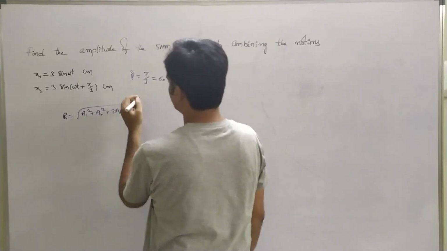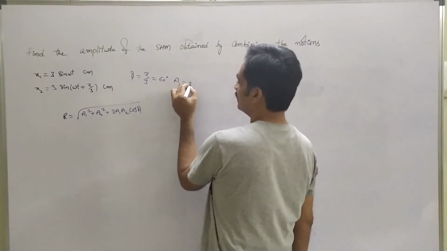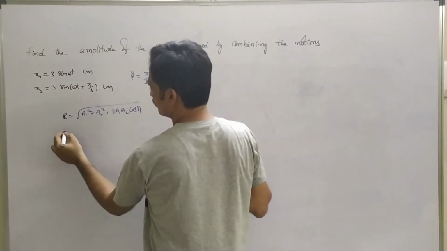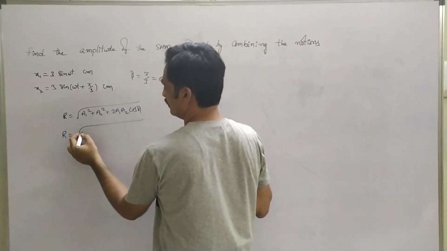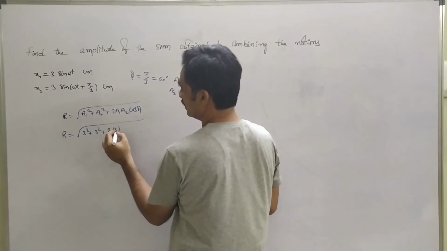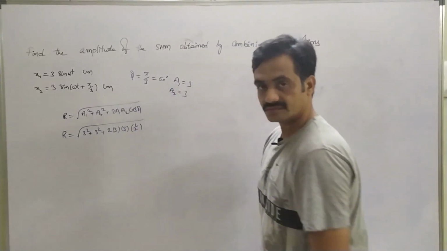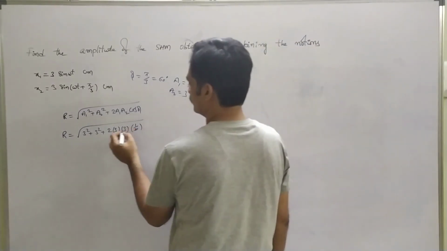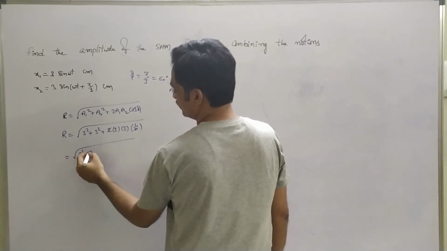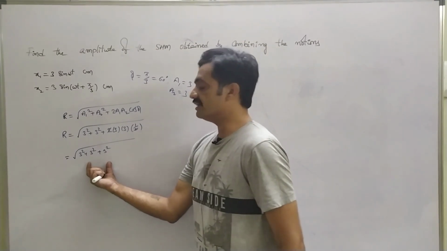As we substitute these values, observe that here a1 is equal to 3 and a2 is equal to 3. Here we have r is equal to under root of 3 square plus 3 square plus 2 into 3 and cos 60 is 1 by 2. So here 2 gets cancelled, and we have 3 square plus 3 square plus 3 square, and we know that 3 square is 9, and we can take 9 as common.